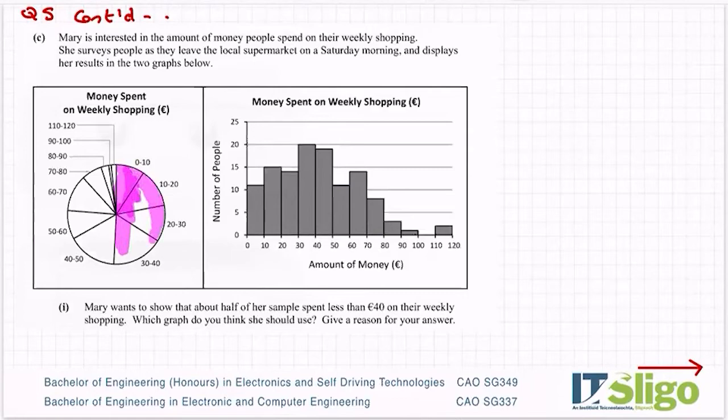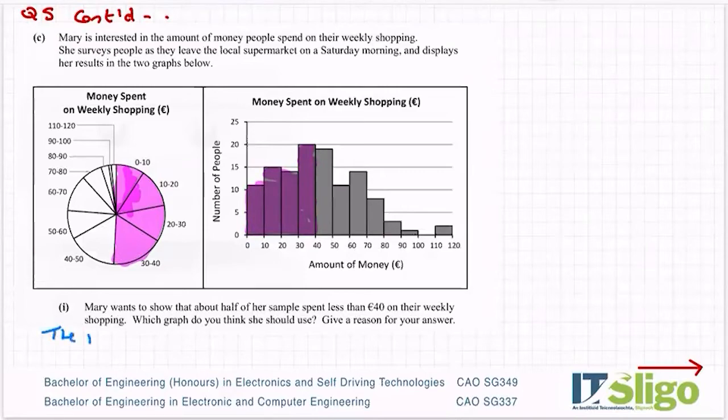So that would be everything from 0 to 40. Okay, that's easy to see that that's about half the pie. And then 0 to 40 here would be here, so it's not too difficult to see it also there. But I think the pie chart is easier.